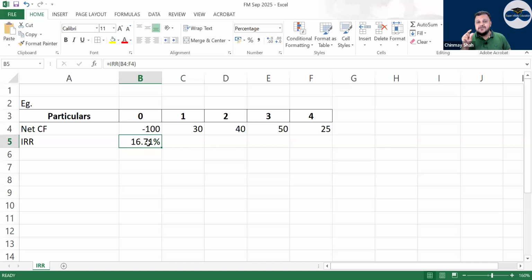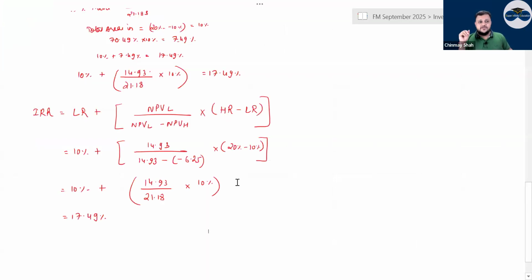Because whenever I calculate IRR by the pen and paper method, there are a lot of factors involved. That method gives an approximate answer. The approximate answer is 17.49%, sir.